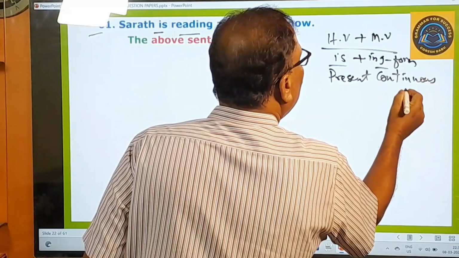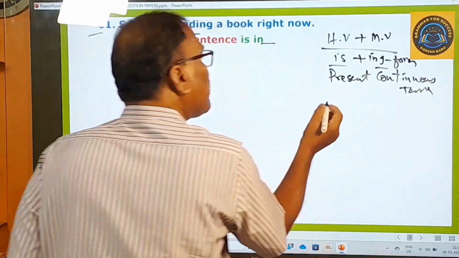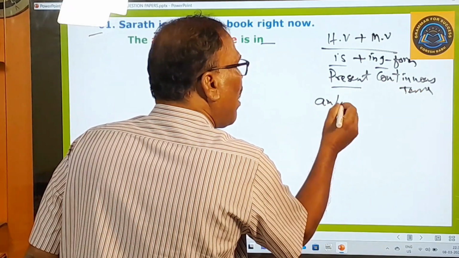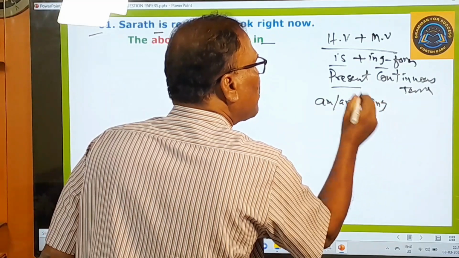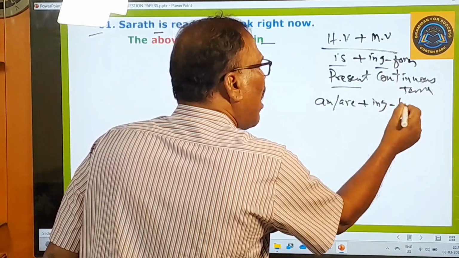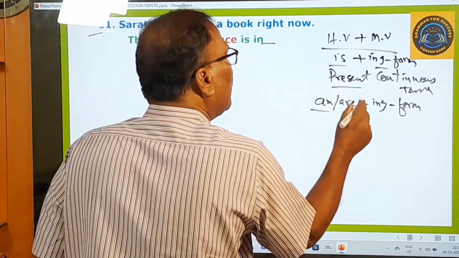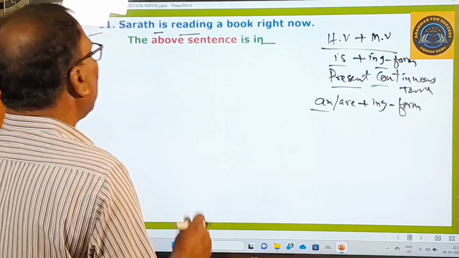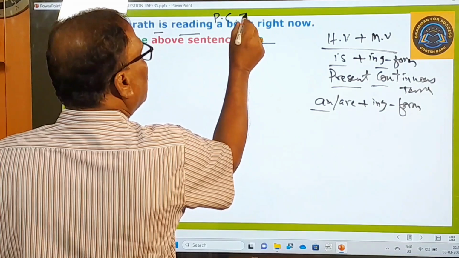Not only this, two other features are also there for present continuous: am or are plus ing form. That means is plus ing form, are plus ing form, and am plus ing form. These three are the features of present continuous tense. So this sentence is in the present continuous tense.